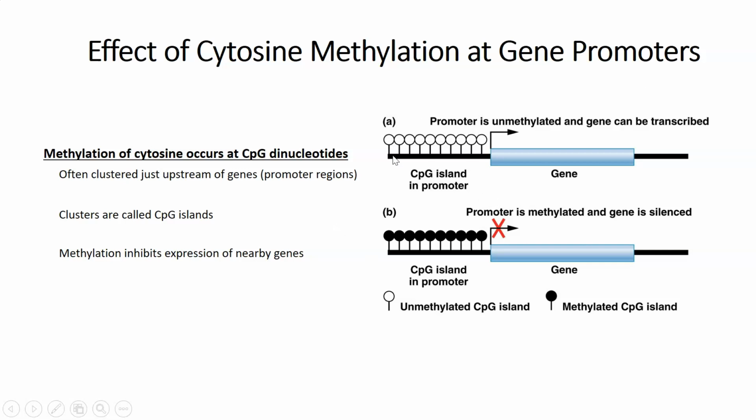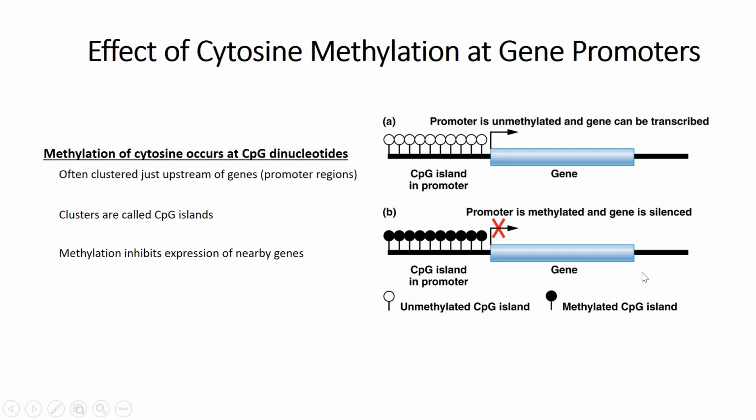In a promoter where the CpGs are not methylated, the promoter won't be packed in heterochromatin, and it's accessible for binding of the basal transcription factors. It can be expressed. In a gene where the CpGs are heavily methylated, this will be compacted into heterochromatin, and therefore not accessible for binding of the basal transcription factors, and this gene will be shut off.